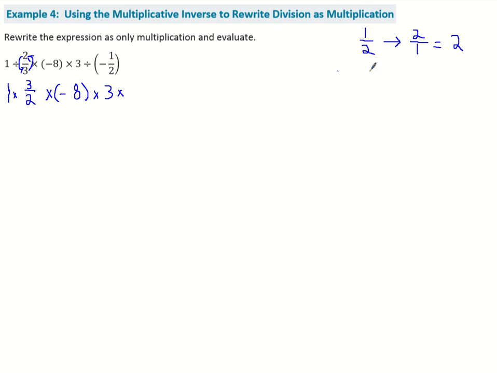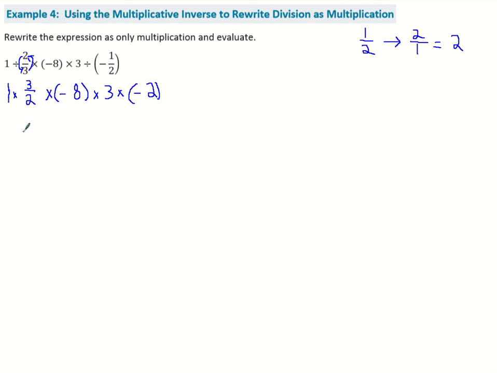So I'm going to flip this. If 1/2 becomes 2 over 1, which is 2, negative 1/2 is going to become -2. And would you look at that? We have it all as multiplication. It's going to be much easier for us to do than dividing by fractions.